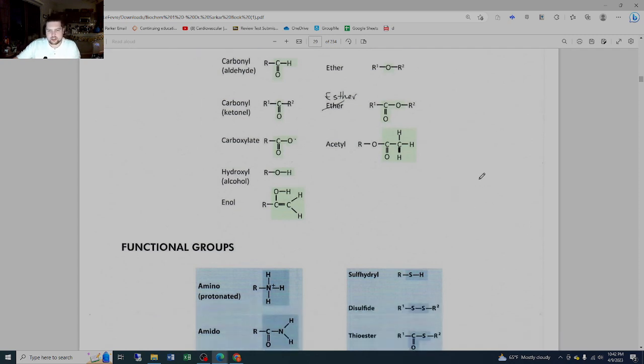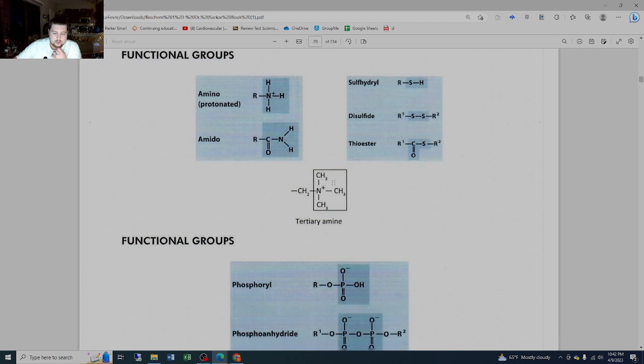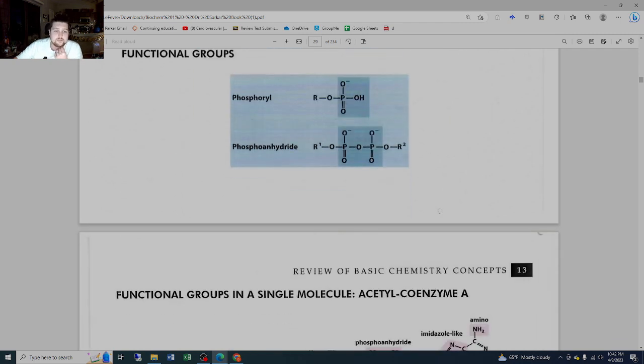Also, carboxylate, if you look at it, CO2, is pretty important and something that we'll see a lot of later on down the road. So we'll see carboxylate reactions later on involving the release of CO2.